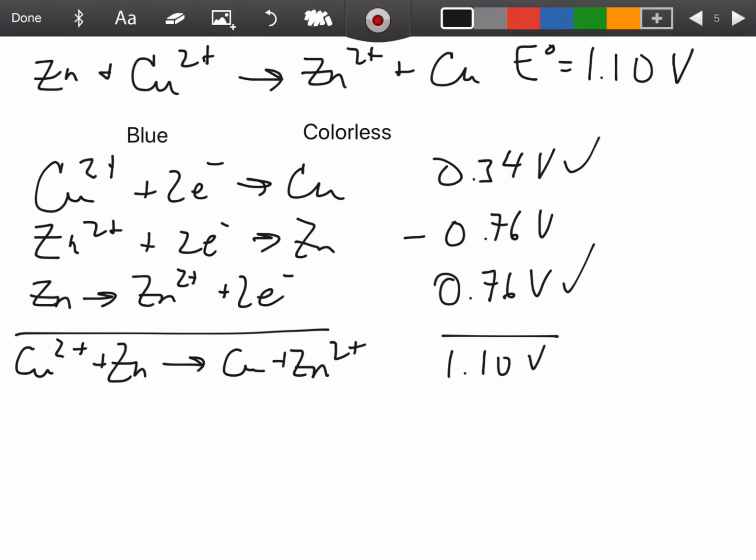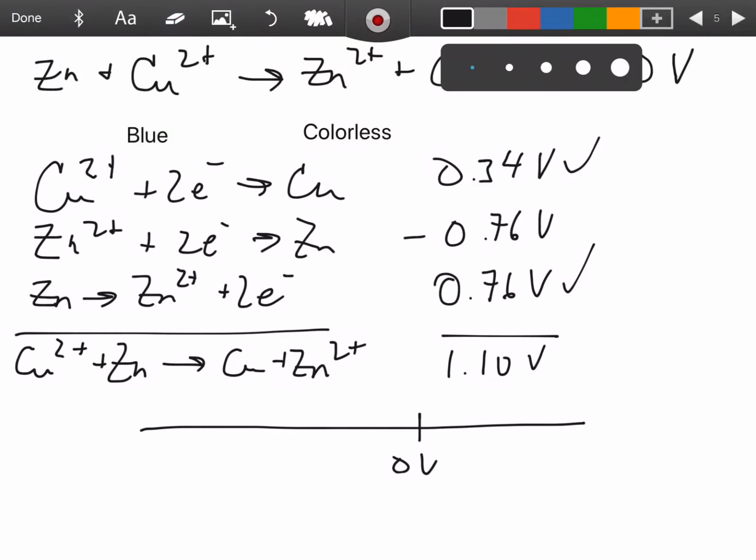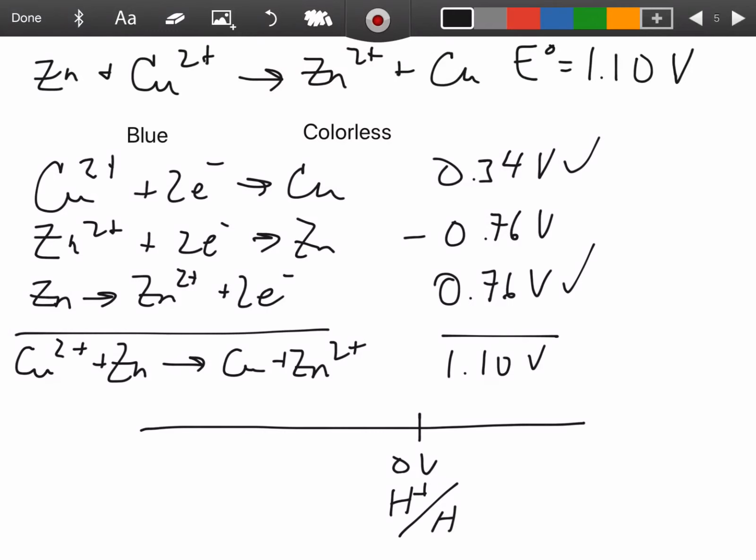This week in lab, we're going to be looking at determining what the potentials of some of these half reactions are. If I had a number line, and let's say I had 0 volts here, this would be due to the H plus and H2, which we call a couple.